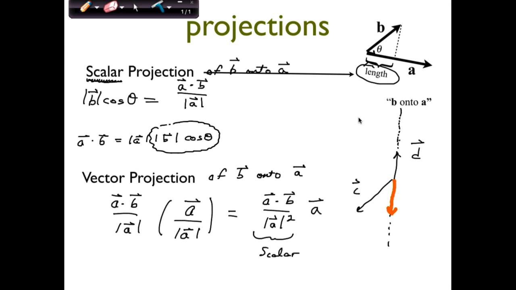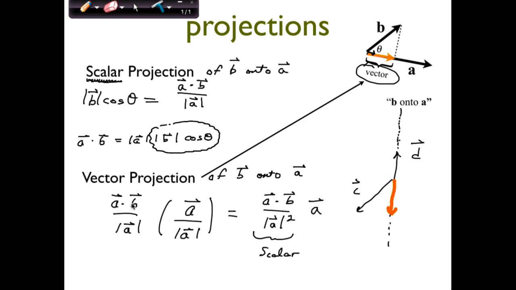Okay. So then what's the vector projection? The vector projection is the vector that was projected of B. When you project B onto A, it's the resulting vector that you get. So how does the scalar projection relate to the vector projection?